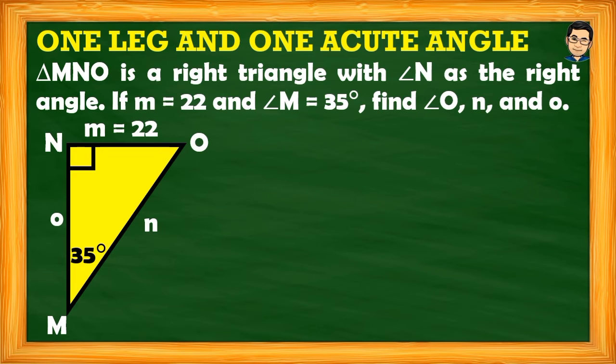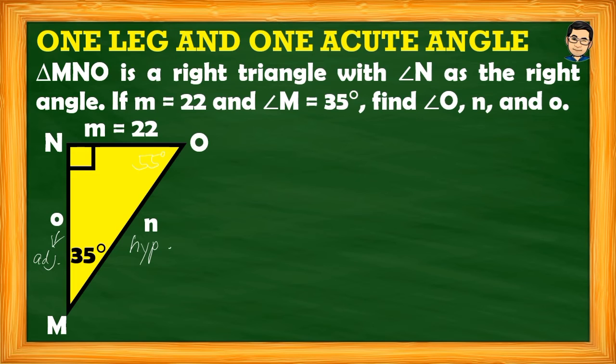Next. So, next naman tayo is yung hypotenuse and one leg. Okay, so dito, ang hahanapin muna natin is yung hypotenuse. Yung angle natin na angle M, yung opposite side niya is M. Okay, so kung opposite side yung M, ibig sabihin yung O dito ang ating adjacent side. And then N is the hypotenuse.